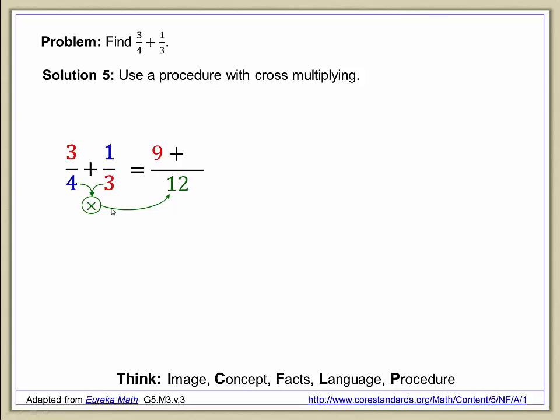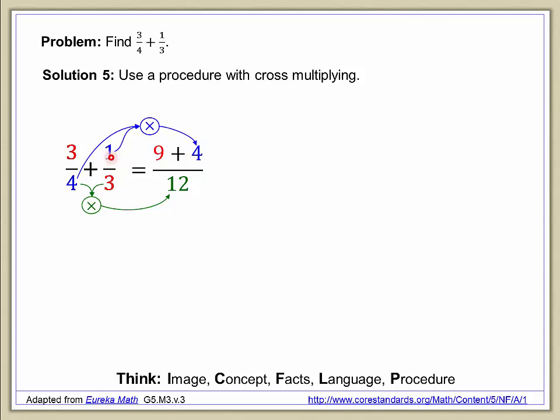The second part of the numerator comes from the contributions of this fraction, and you'll recall that when we made this 1/3 into 12ths, we multiplied both the numerator and the denominator by 4. So for the numerator part, we need to multiply this 4 by this 1 and add that amount.